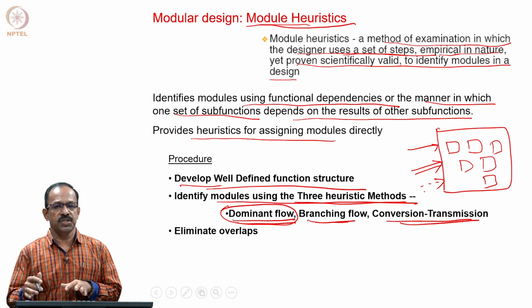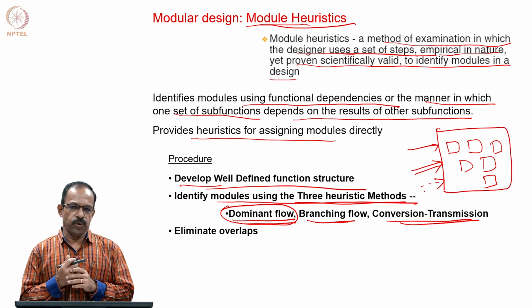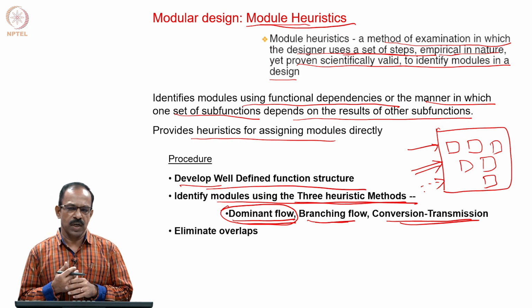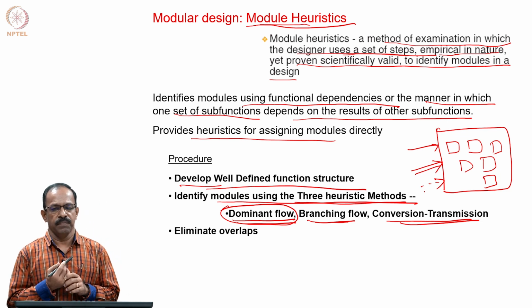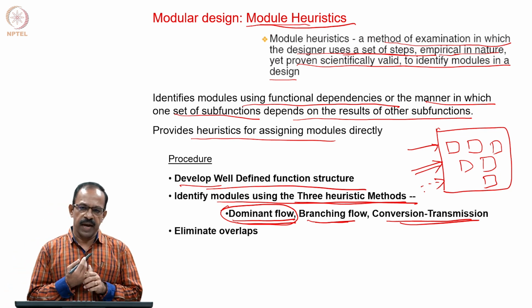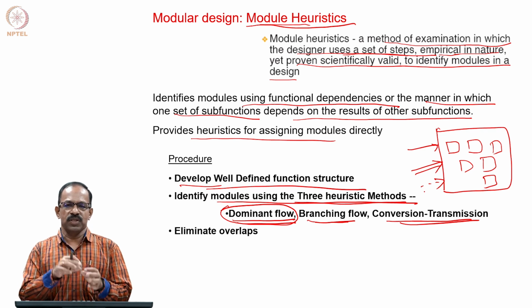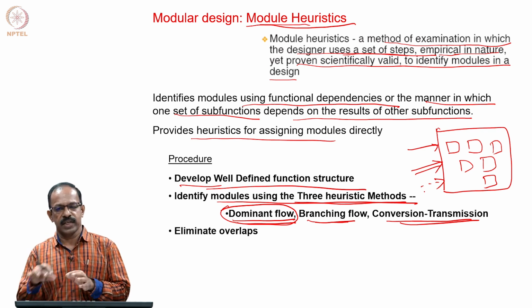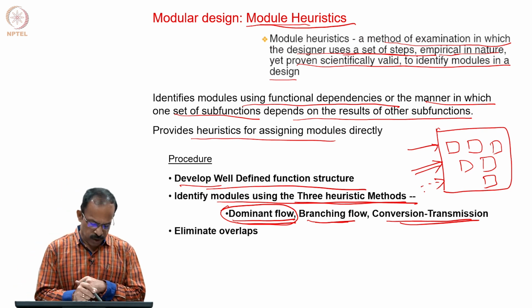We look in this case at which one is the most dominant flow. At times there will be more than one, but we will try to identify all the dominant flows in this function structure, and then try to combine all those functions which are part of, or connected with, this flow as a module. So, that is the way the dominant flow works.